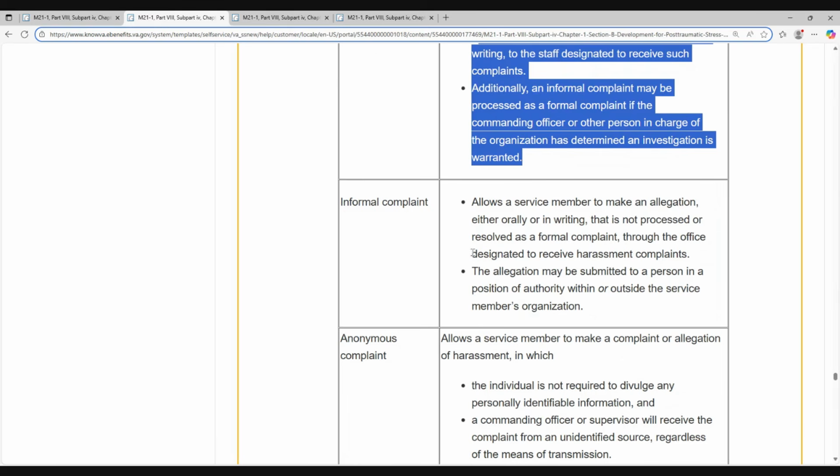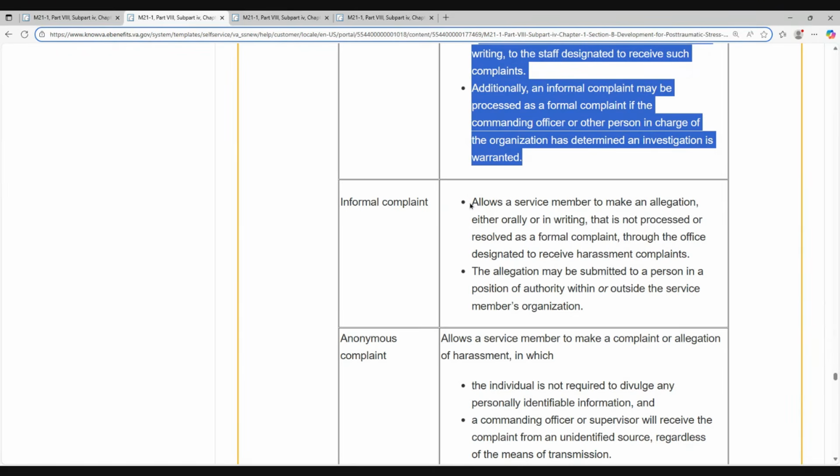Now, if you are an individual who comes from an ancillary branch of service, so not one of the main services, because the VA also gives disability to, like, NOAA, the National Oceanic and Atmospheric Administration. I'm going to do a video on this, so I'll put a pin in it right now.